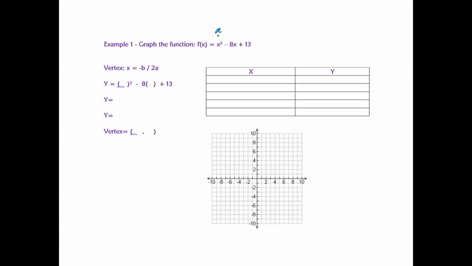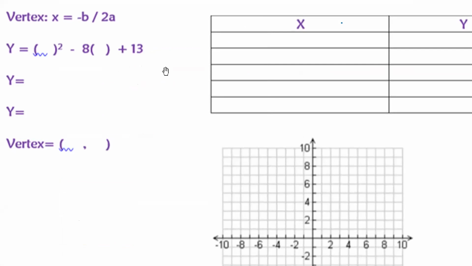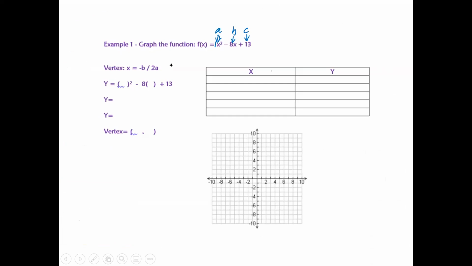So you just go ahead and number it. A is the 1 right there. B is the 8. C is the 13. Okay. And so x in this situation is going to be -b. So that's going to be -8 over 2 times 1. So what is your x then? Well, your x looks like it's going to be 4. So that's my first part of my answer.